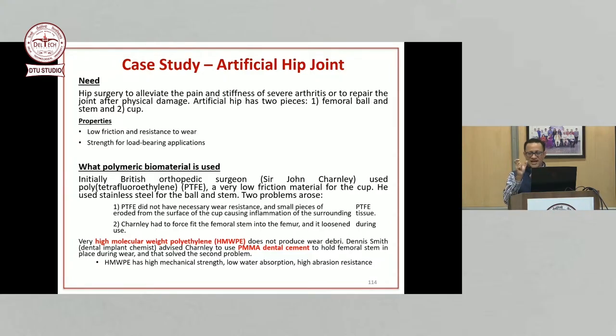So he used that high molecular weight polyethylene, and his friend said that for dental implants they use this cement, PMMA dental cement. Why don't you put this cement along with the stem to hold it? So with high molecular weight polyethylene, mechanical strength improved, and with the cement it didn't get loosened.